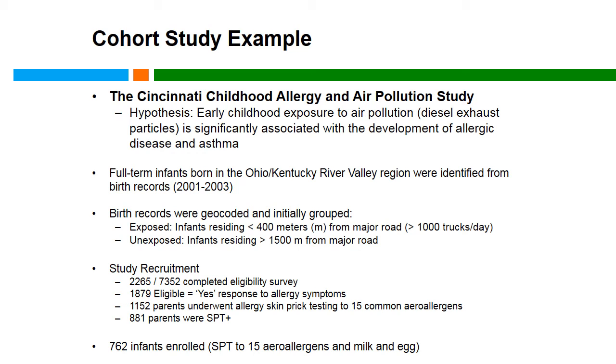We had 881 parents that were positive, and so therefore were eligible to be enrolled. And in the end, we had 762 infants enrolled in the study, meaning that they completed at least one study visit prior to the age of 3. So we started with more than 7,000 points of contact to end up with 762 infants eventually enrolled into the study.